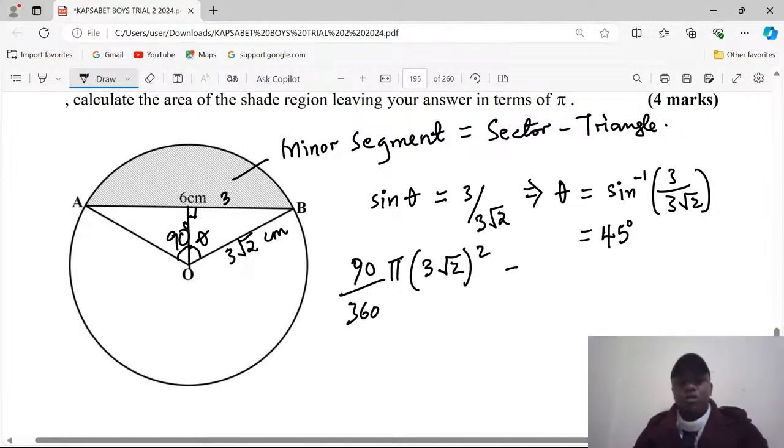For the triangle, there can be several approaches. Remember, the vertical height is not even given for the triangle. And so we can use half AB sine theta.